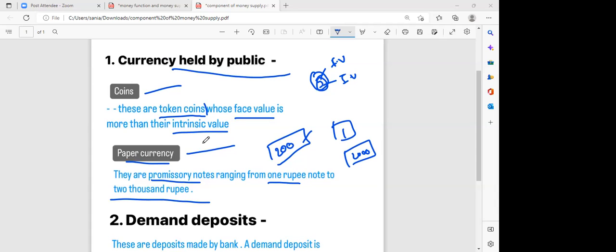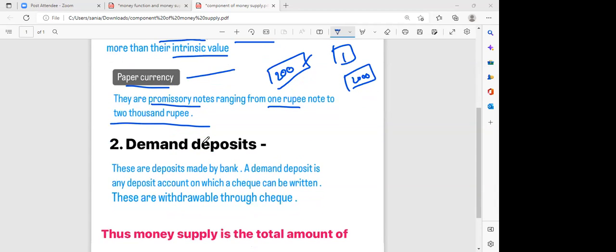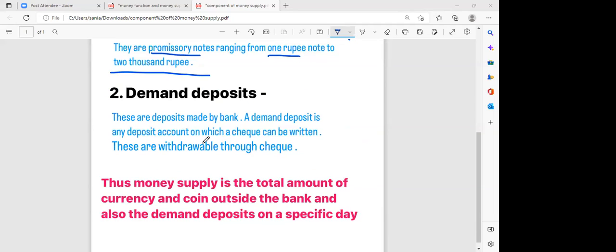Okay, 1 minute. Currency: they are promissory notes ranging from 1 rupee to 2,000 rupees. Okay. Now deposit. Wait, I didn't say it. 1 minute.